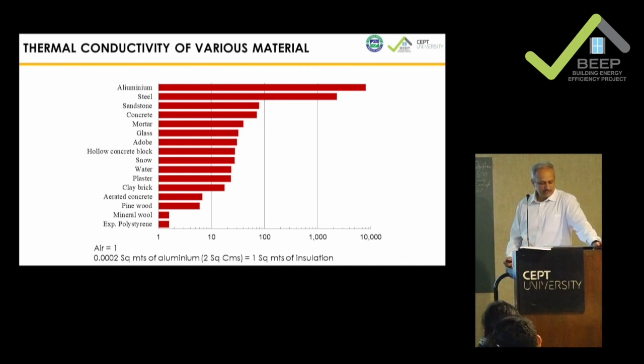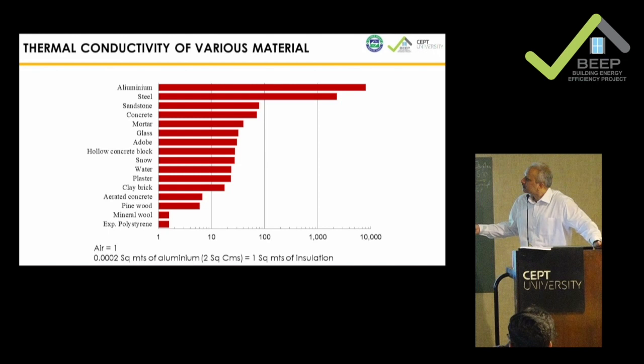So let's say air is somewhere at 1, then 0.0002 square meter of aluminum, that is 2 square centimeter of aluminum, is equal to 1 square meter of insulation. Keep this in mind. When I talk about thermal bridge and thermal breaks, this will come into the picture. Okay?